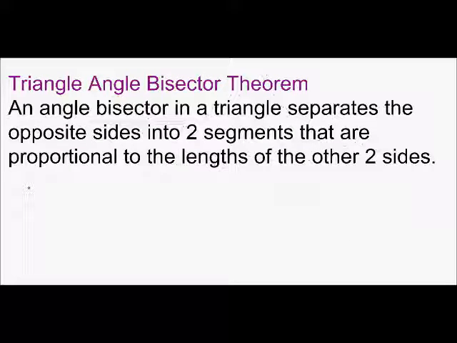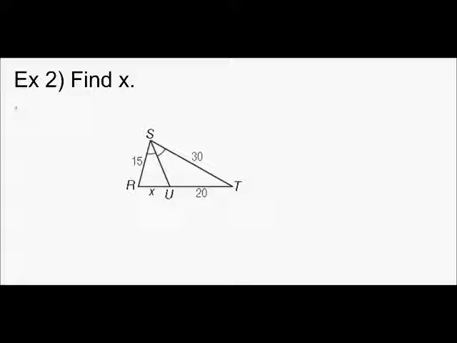The triangle angle bisector theorem: an angle bisector in a triangle separates the opposite sides into 2 segments that are proportional to the lengths of the other 2 sides. Let's take a look at what this means. Example 2, find x. I see right here I have 2 equal angles, RSU and UST.